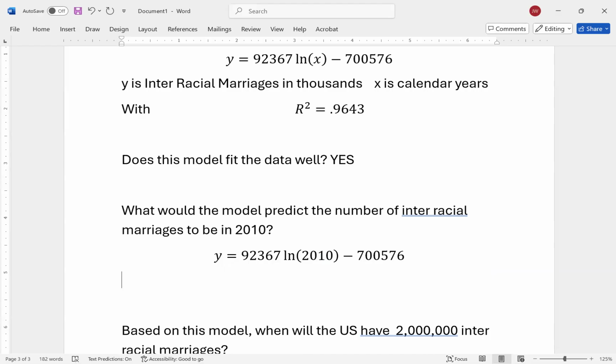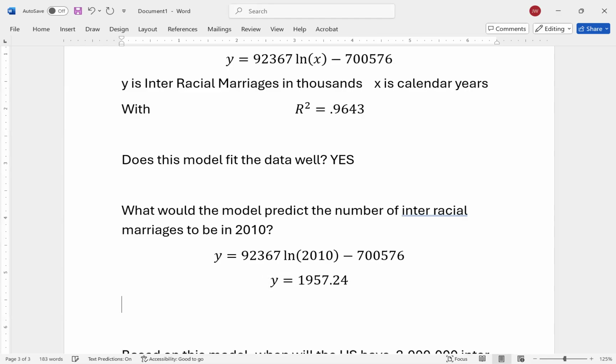92,367 times natural log of 2010 minus 700,576. That gave me a Y value of approximately 1957.24. So note that that means that many thousand interracial marriages.